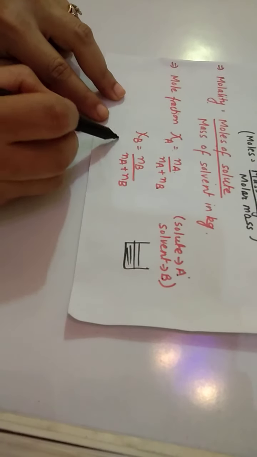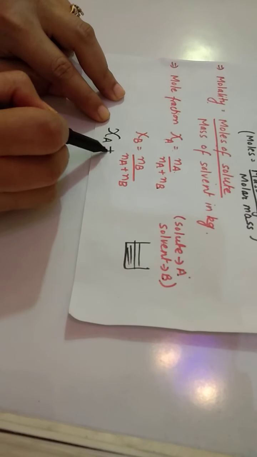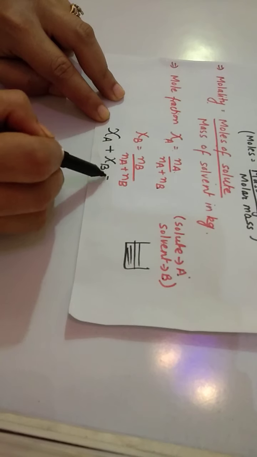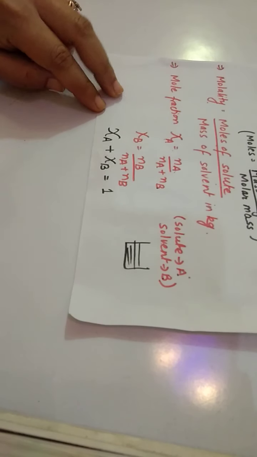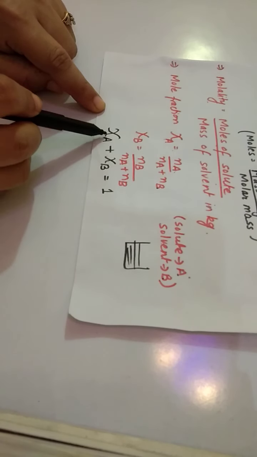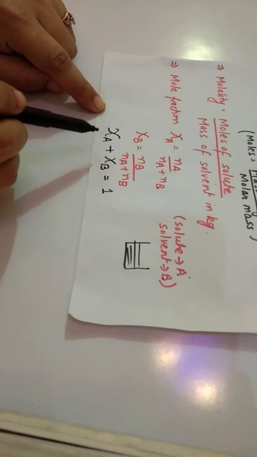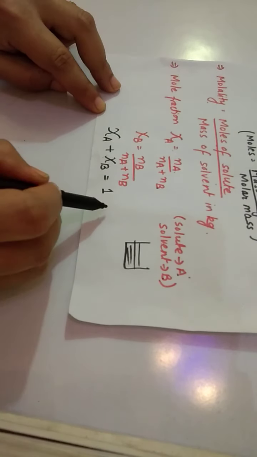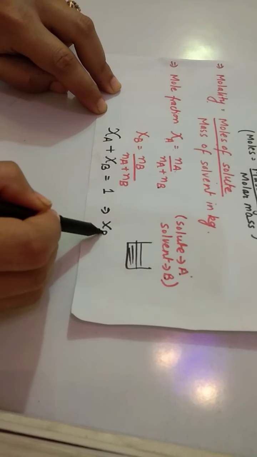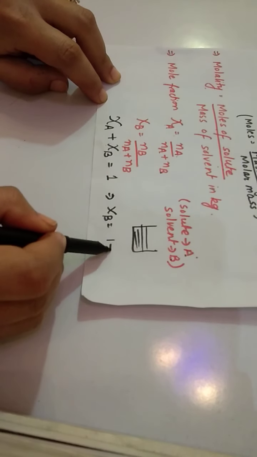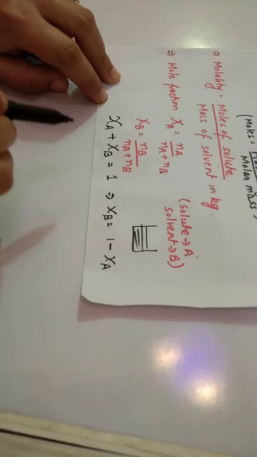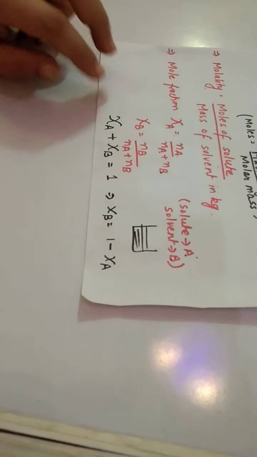And there is one more formula: mole fraction of A plus mole fraction of B is equals to 1. Suppose you know the mole fraction of A, then you can find out the mole fraction of B. So the mole fraction of B will become 1 minus mole fraction of A. So this is an important formula.